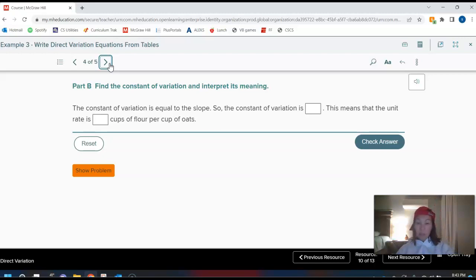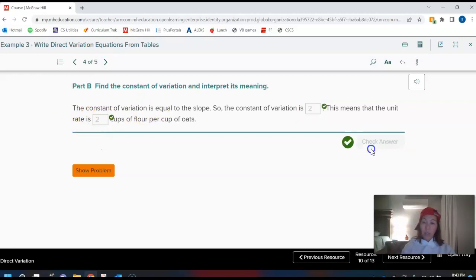This means that the unit rate is 2 cups of flour per cup of oats. 2 y units, cups of flour, for 1 x unit, 1 cup of oats. So for every 1 cup of oats, we use 2 cups of flour. So 1 is our x, 1 is our unit. 2 cups for every unit, every cup of oats there.